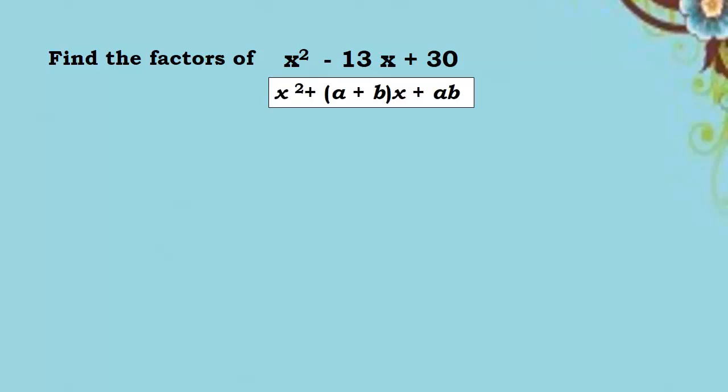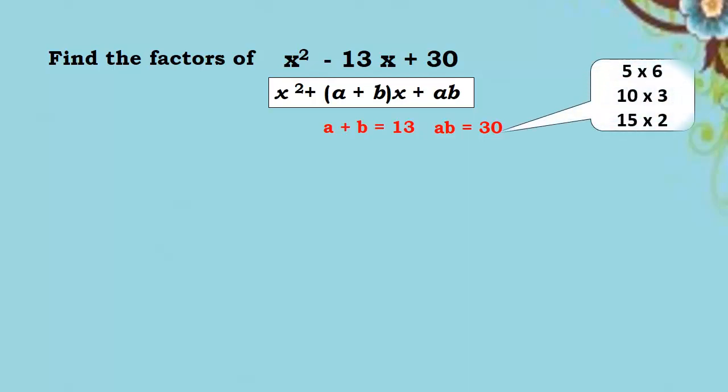This is nothing but x square plus, into the bracket, a plus b into x plus ab. So here children, a plus b is 13 and ab is 30. I am just ignoring the sign. So to factorize this, what should we do? Take ab, that is 30, and write the possible pairs of factors. That means 5 6s are 30, 10 3s are 30, 15 2s are 30.